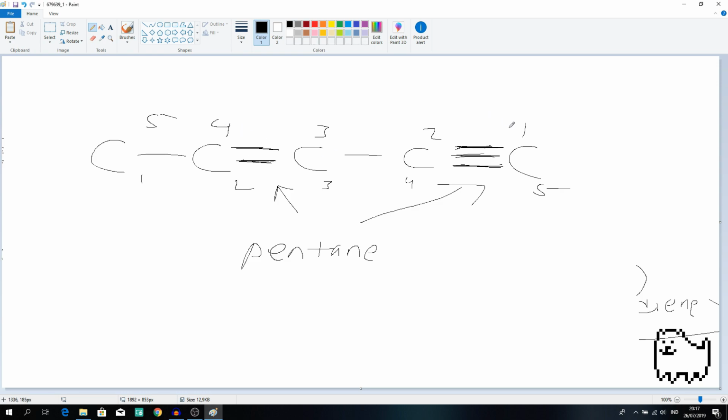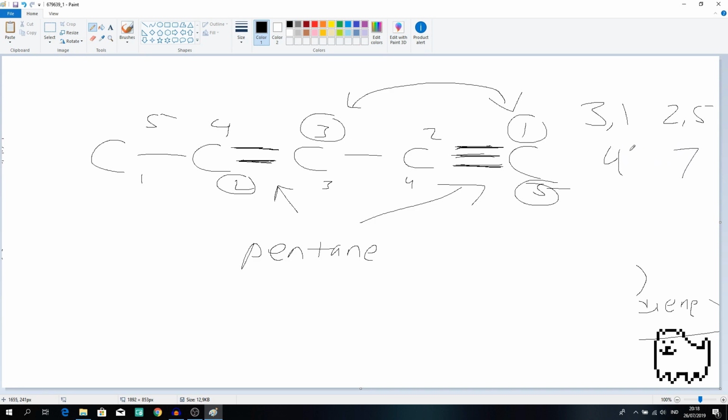So this will mean carbon 1, carbon 3, while if we look at it left to right, it will be carbon 2 and carbon 5. So I think 3 and 1 would be the better choice here, because these numbers are smaller compared to 2 and 5. I mean, if you add them up, it's just 4 and 7, so 4 is simpler.